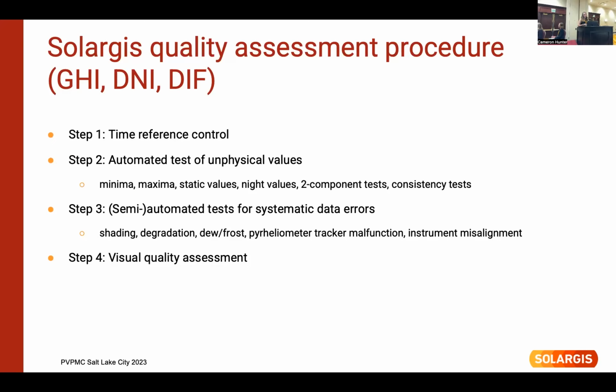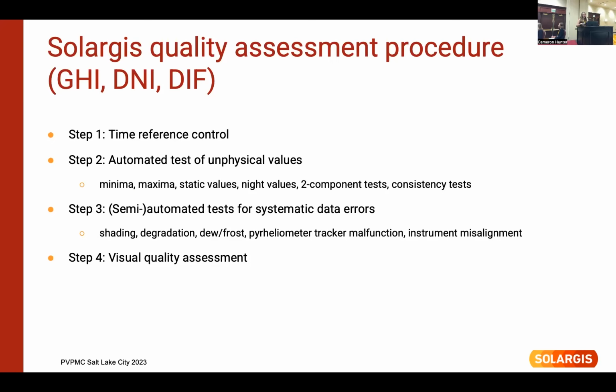Then in the second step, we can really look into the quality of data. First, we do a very automated test of unphysical values. We look for physical minima, physical maxima, static values, night values, and then we can also compare these instruments against each other, so a 2-component and 3-component test.